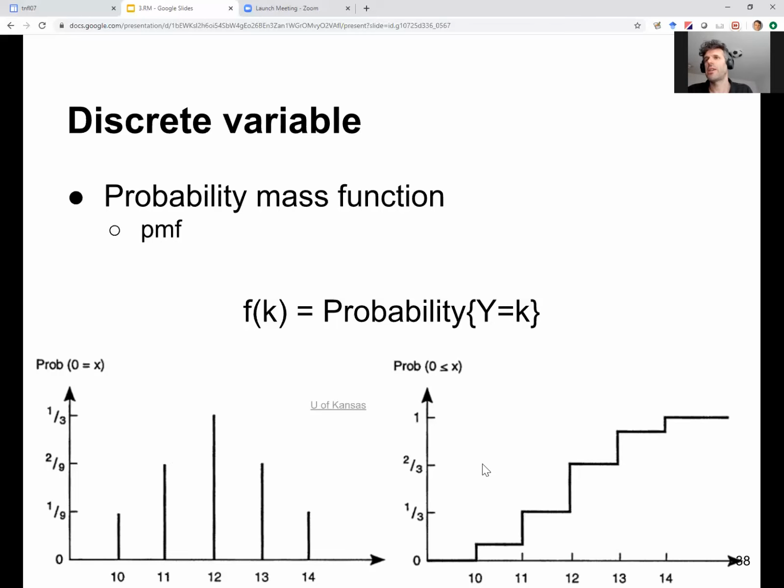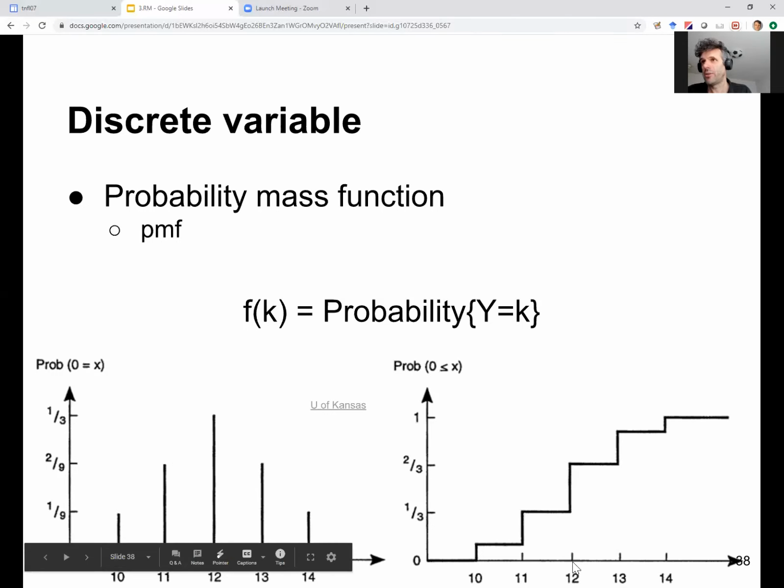And here on the right picture, you have the cumulative distribution function for this random variable. I guess O is the random variable, so this is not 0. I just took this picture from somewhere in the University of Kansas. This is the cumulative distribution function, the probability that your random variable will be smaller than a certain value.